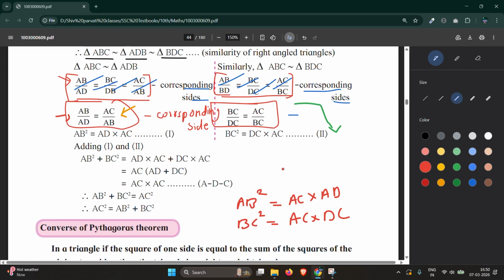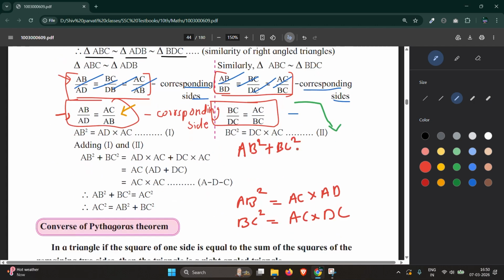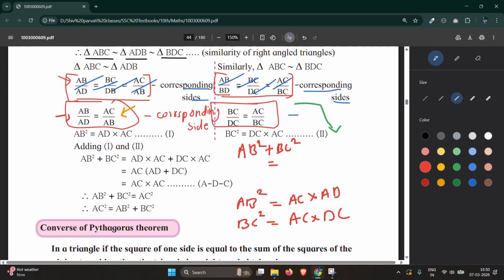So when you add both of these equations together, what you get is AB squared plus BC squared, that is this squared plus this squared, is equal to, you have AC common in both of them, right? So you can take AC outside. So AC into AD plus DC.